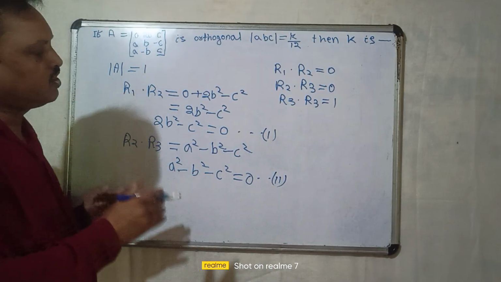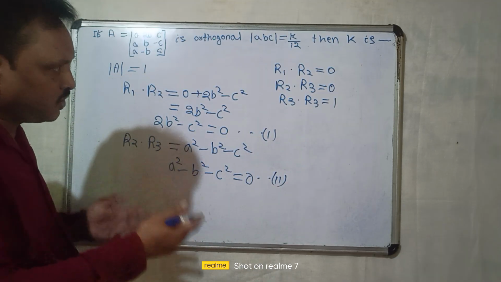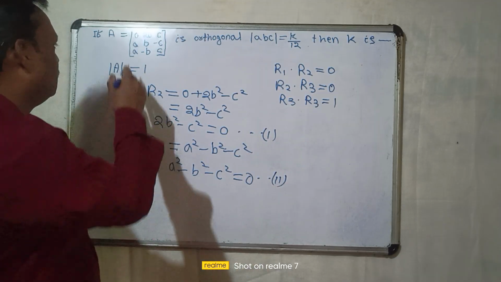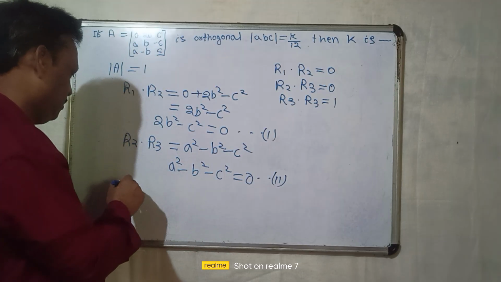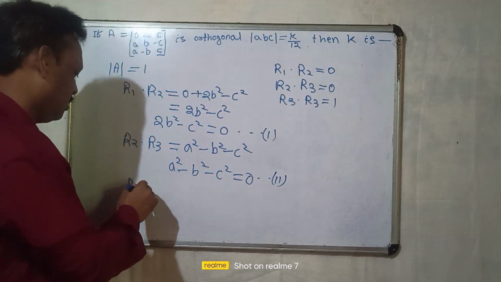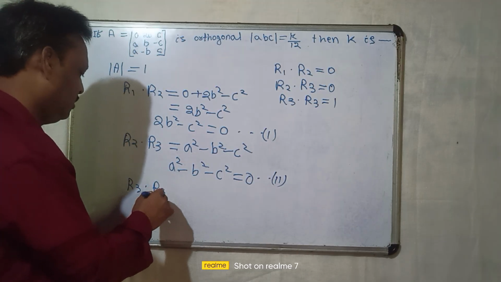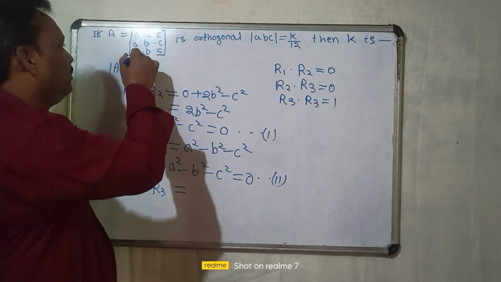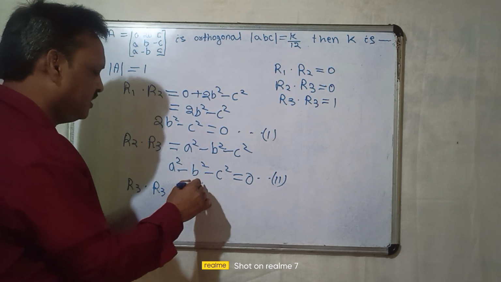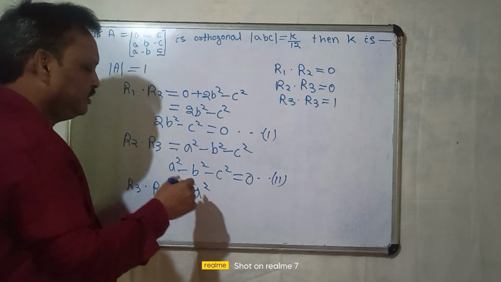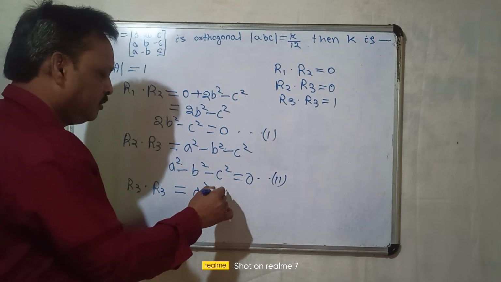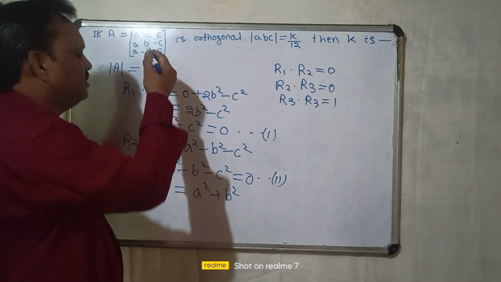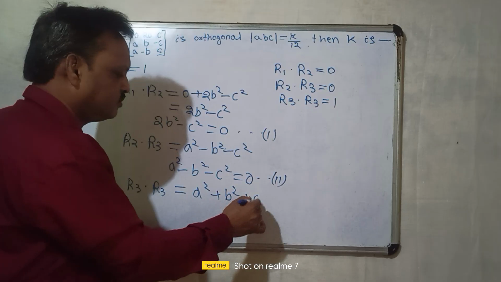Similarly, row 3 dot row 3 equal to 1. Row 3 is given, row 3 dot row 3 equal to a into a, that is a square, minus b into minus b, that is plus b square, c into c, that is c square.